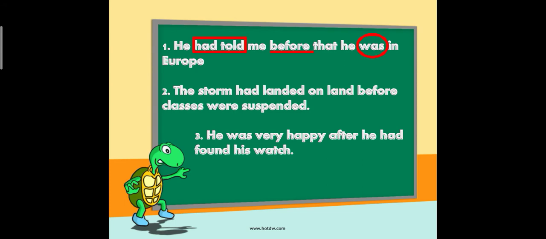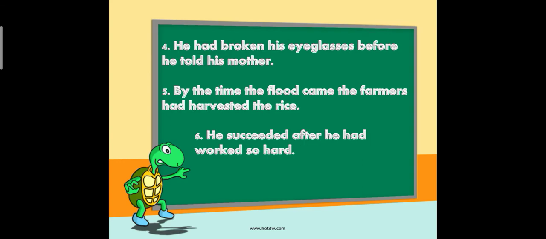The storm had landed on land before classes were suspended. Number 3. He was very happy after he had found his watch. Number 4. He had broken his eyeglasses before he told his mother. Number 5.